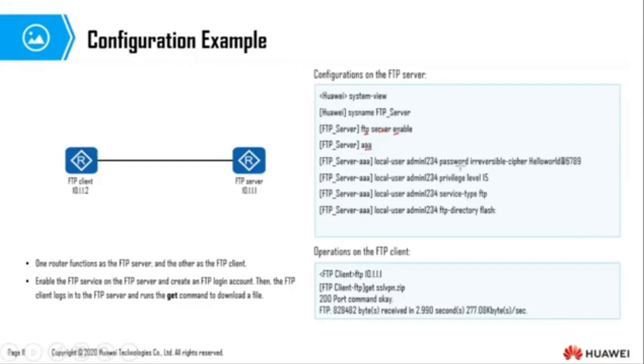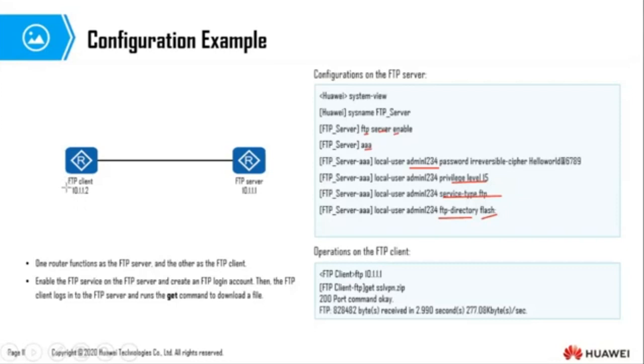We create admin 1234 and the password. Then for the privilege level, we give them 15. It has to be 3 or higher. Then we enable the service type as FTP. So local user admin 1234 service type FTP. Then after that, we configure the default directory. So FTP directory flash: full colon. So this will take them to the flash directory.